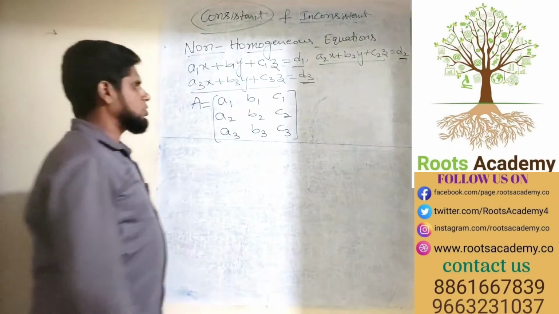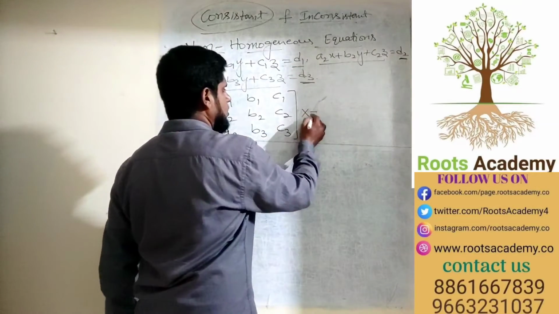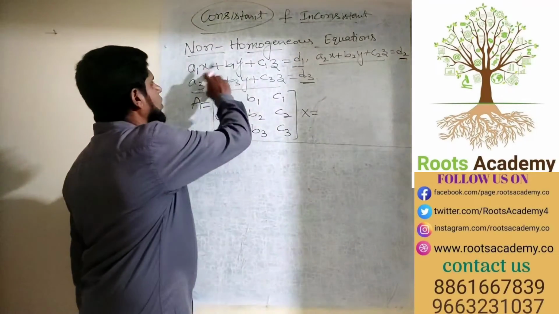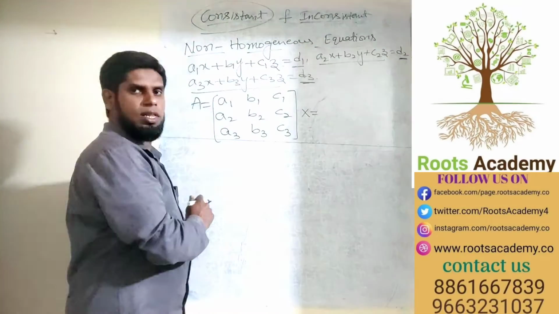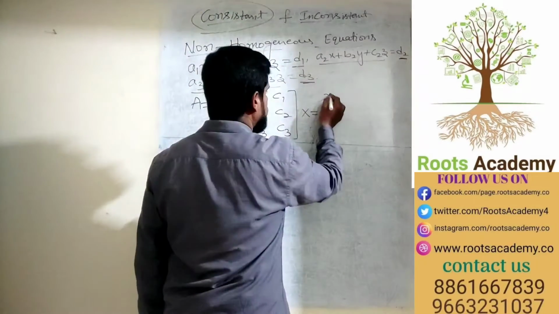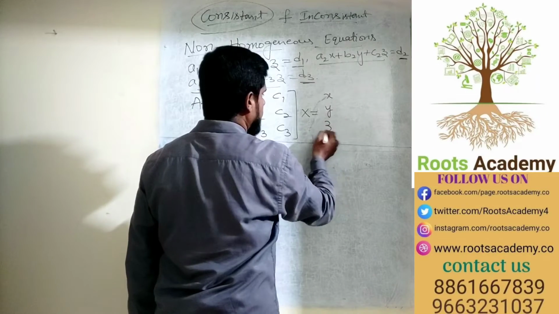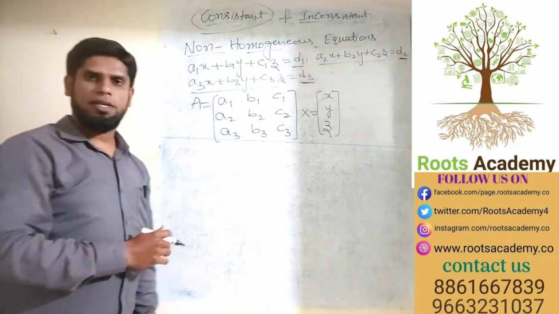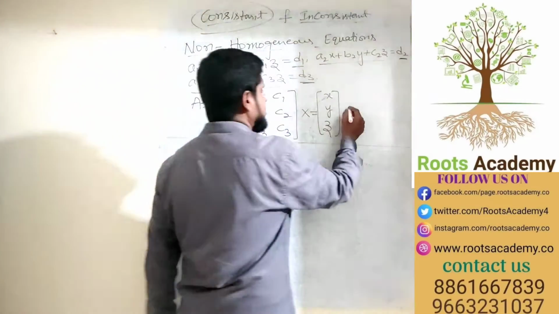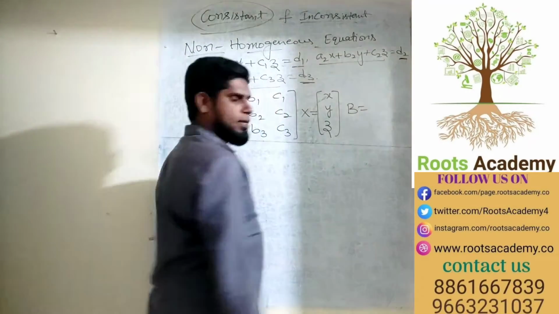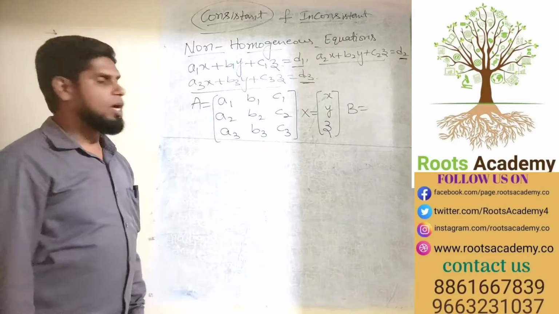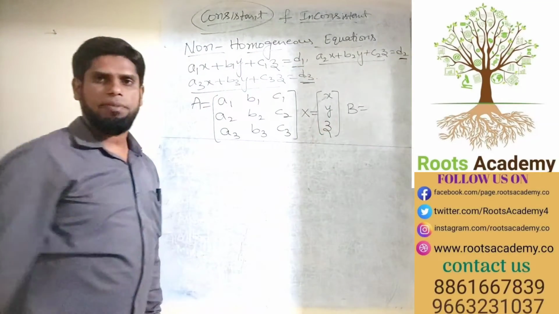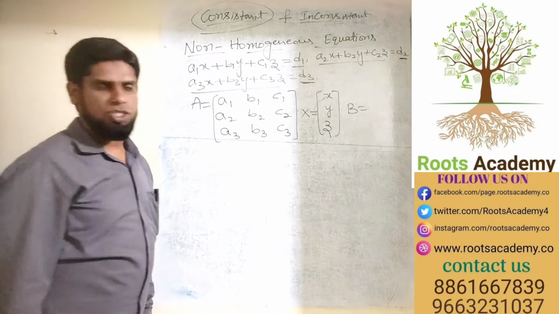After this, I should write a matrix X, and in this X matrix, I should write the variables. There are three variables here, so I will write them in a column. Next, I should take a matrix B, and in this matrix I should write only the constants present on the right hand side of the equations.